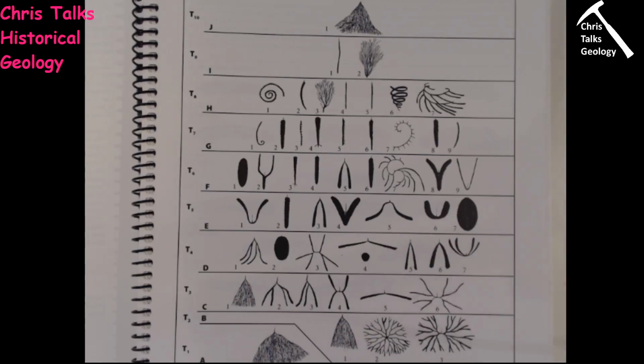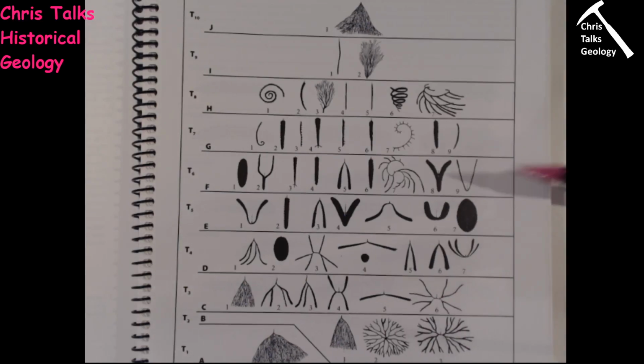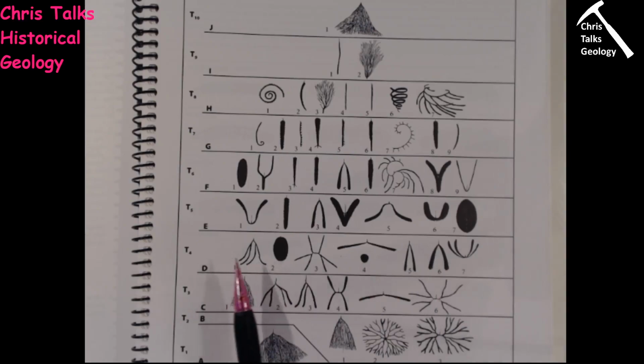Okay. We can also see the same thing happening in layer F. Now I'm not going to tell you which one it is, but in layer F you will suddenly see that one of the fossils really looks very different. It doesn't really resemble anything in any of the layers below.